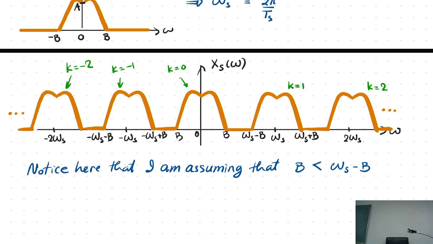If this condition is not satisfied, then what are you going to have? We're going to have a convolved spectrum, right? They will overlap, and we will not be able to understand it because they will overlap together.